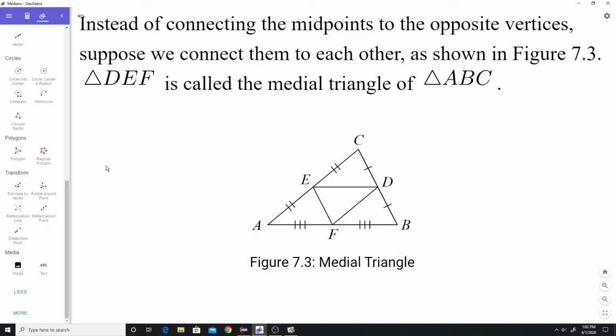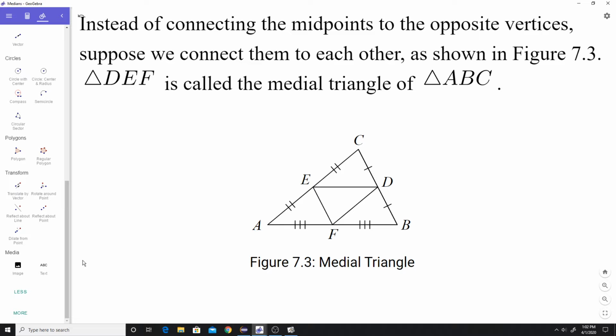So, for example, in this diagram, DEF is connected from the midpoints of AC, AB, and CB, and it creates this medial triangle. That means I have this midpoint here, and if I draw a perpendicular line through that midpoint, it would also be the perpendicular bisector.